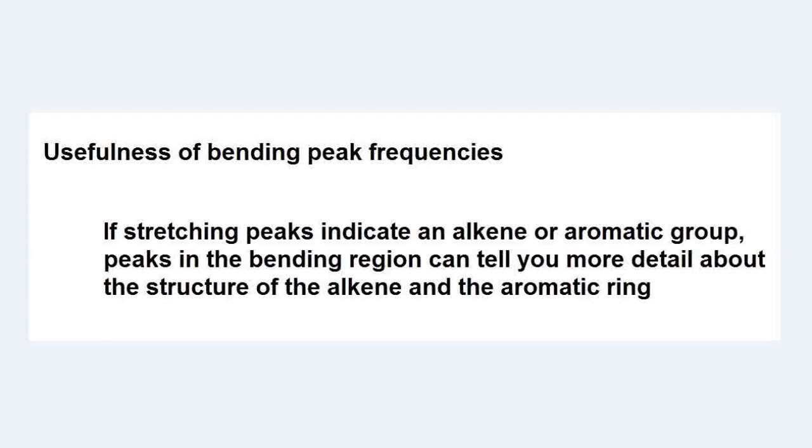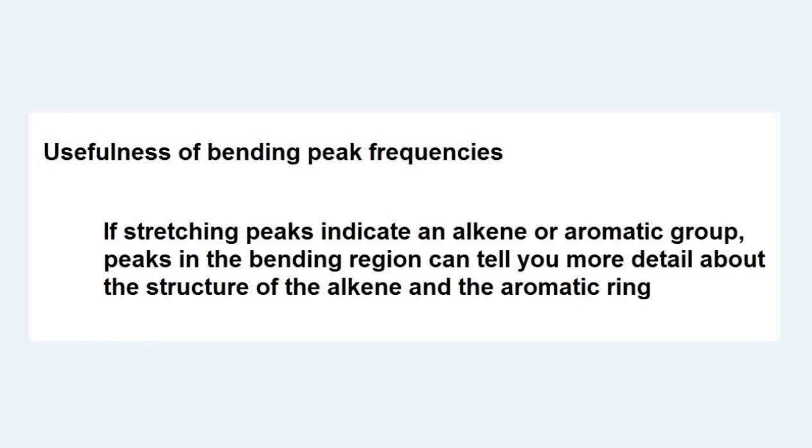We've learned previously that when you're interpreting an IR spectrum, you want to focus initially on the left half, namely on the peaks associated with stretching motions, and to ignore the right half, the peaks associated with bending motions.